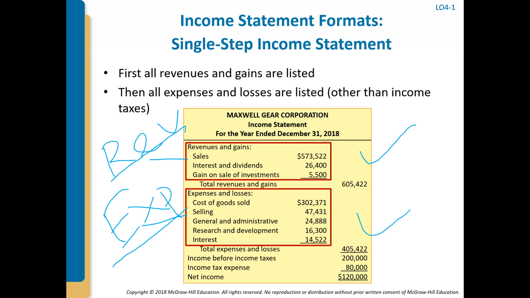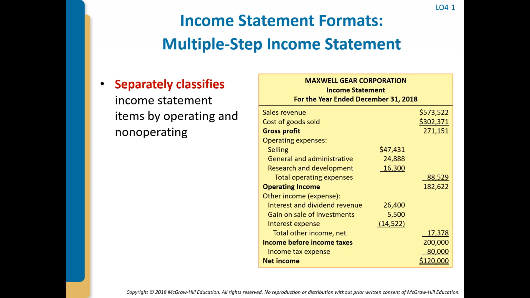Finally we have the net income, and the same income statement we can prepare in a classified way. In that case, we can see sales revenue less cost of goods sold, gross profit, and then operating expenses, operating income, then other income or expense, and finally we have the net income. So this is how we classify. We will solve some problems based on this one.